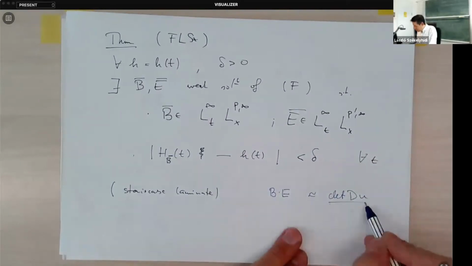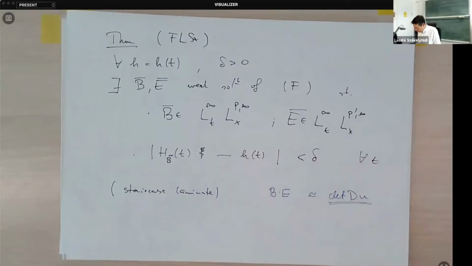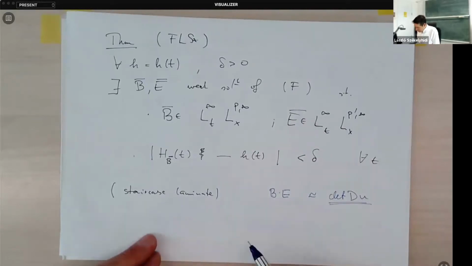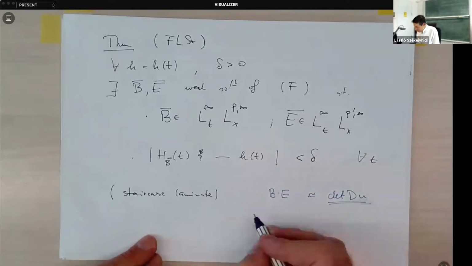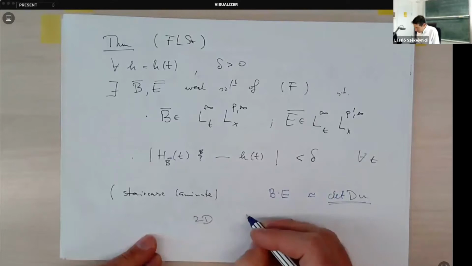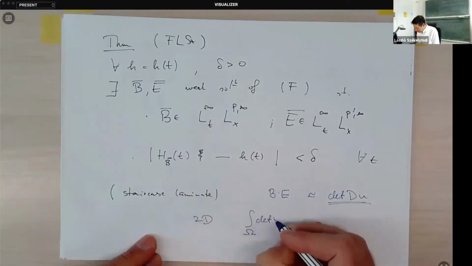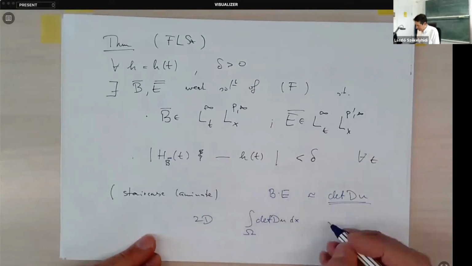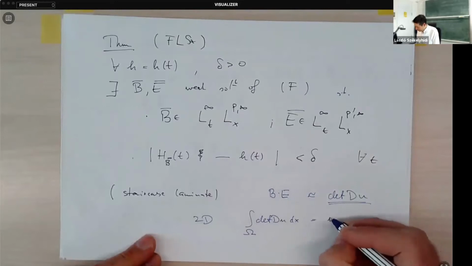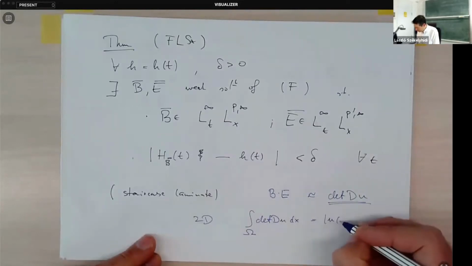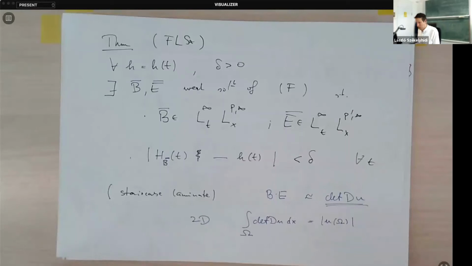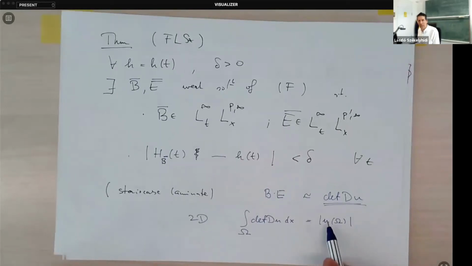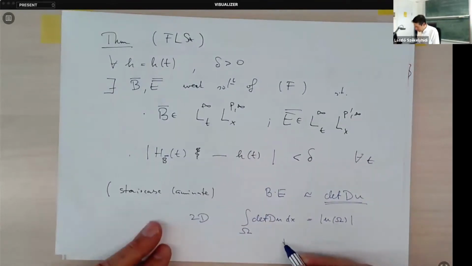And for determinants, there's a lot of work of this type. If you go below, so for instance in 2D, if you want to look at something like the integral of the determinant being given by the boundary values. For instance, if u is even a diffeomorphism, it's just the volume of the set, so it's given by the boundary values, and this fails if du is not anymore L2.